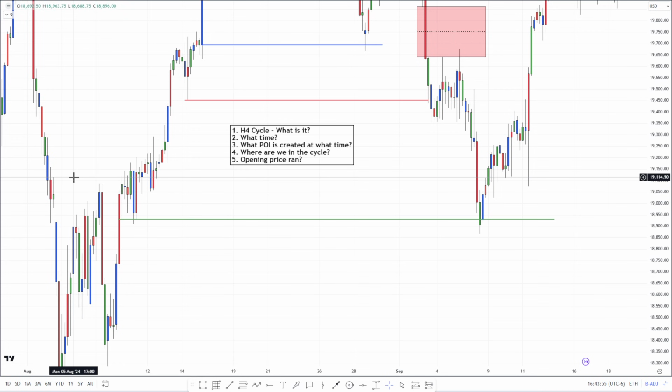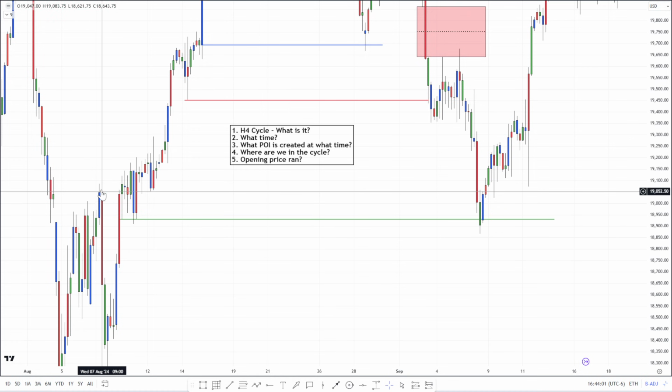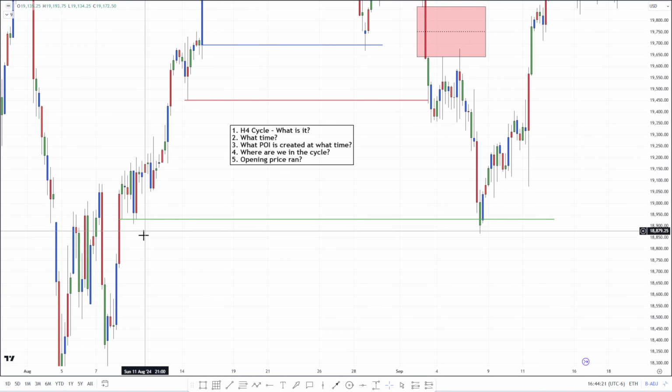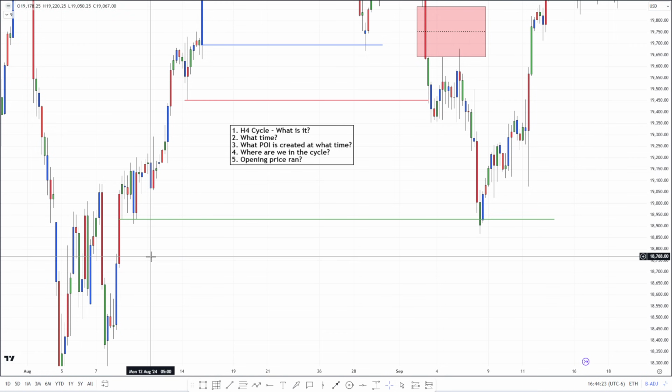But I like this right here, and I like this high that doesn't run it, rebalance, and then we end up closing it. So we tap it right here, come back, and then this candle closes above it. Okay, so we have sensitivity to this fair value gap. So we have a 1 p.m. low. We have this fair value gap right here.